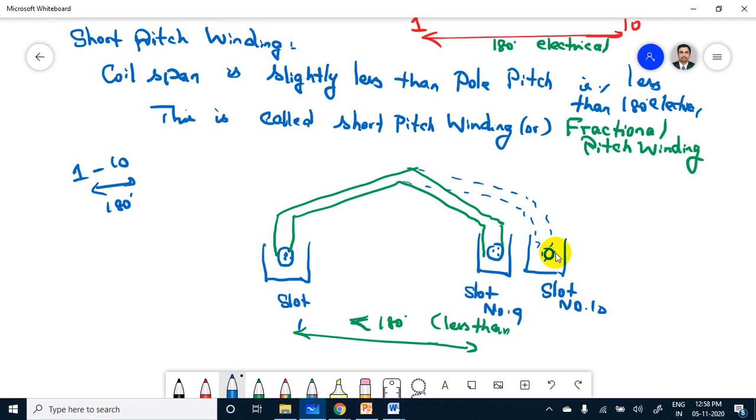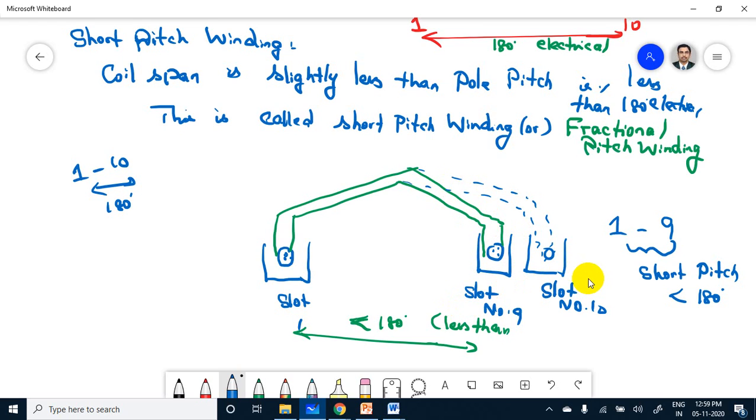But here it is connected 1 to 9, right? 1 to 9 means it is short pitch winding. Why we call this short pitch is that the angle is less than 180 degree. Do you understand the difference between full pitch and short pitch? Any doubts?